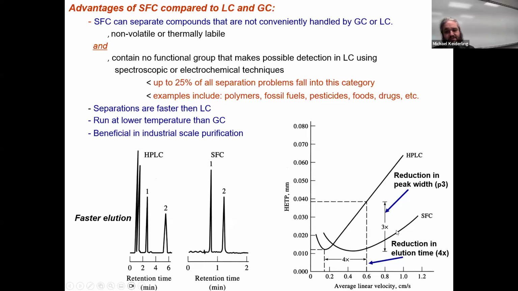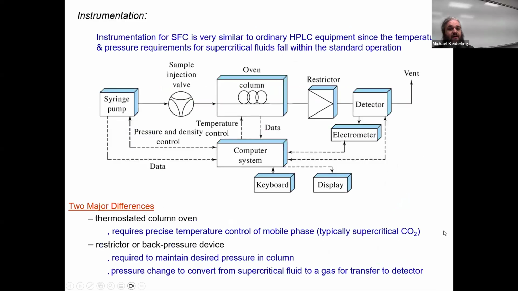So here's a comparison between high performance liquid chromatography and supercritical fluid chromatography. The instrumentation for supercritical fluid chromatography is very similar to ordinary high performance liquid chromatography equipment, since the temperature and pressure requirements for supercritical fluids fall within the same range.